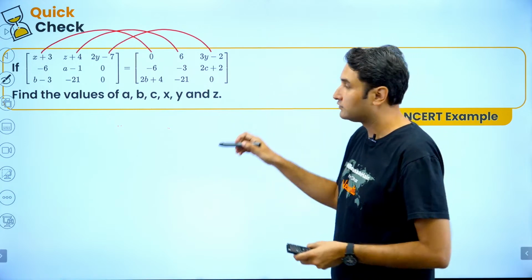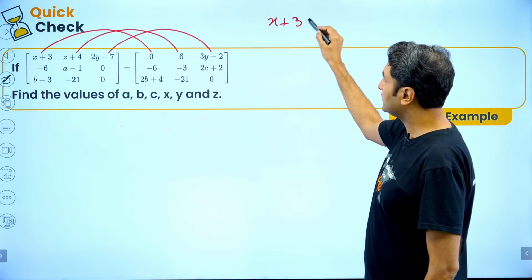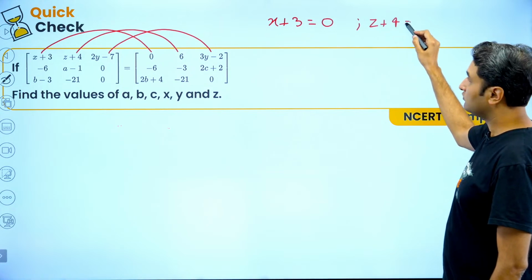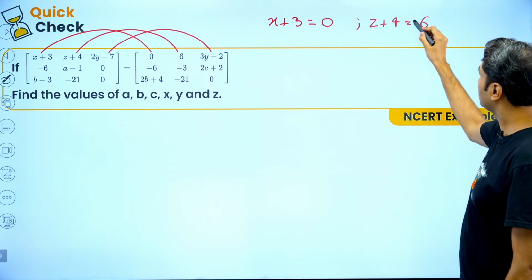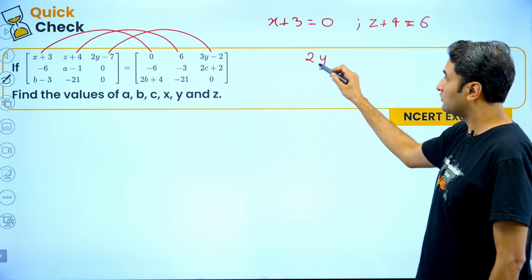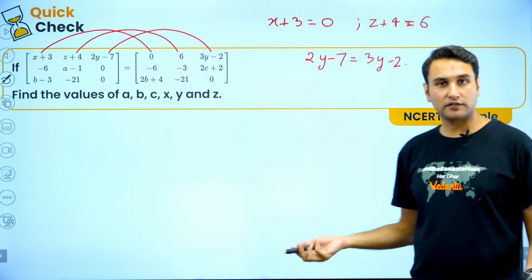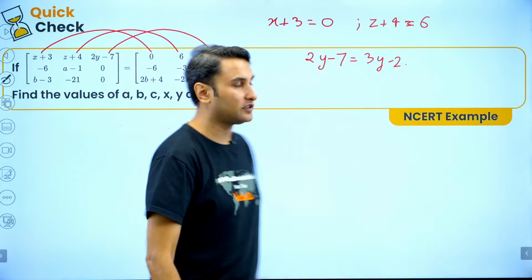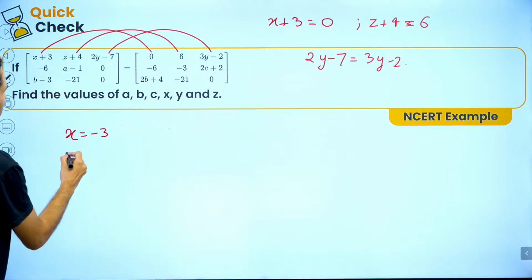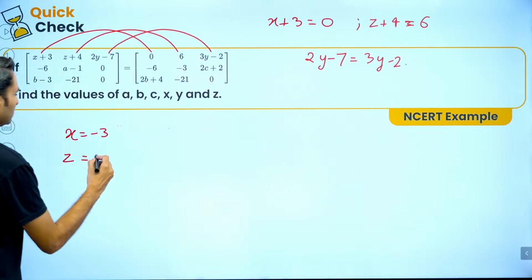Can all of you do it? So what will we write? X plus 3 must be equal to 0, z plus 4 must be equal to 6, right, and I'm just looking at the first row, 2y minus 7 must be equal to 3y minus 2. So we can start getting some values. For example, I got the value of x. X is minus 3, z plus 4 is 6, so z is equal to 2, right.